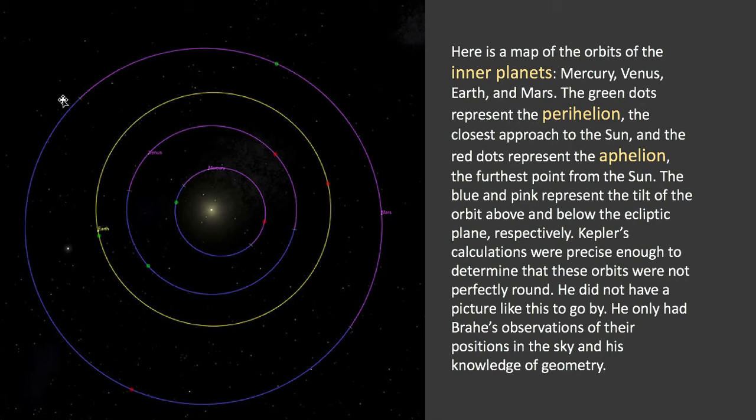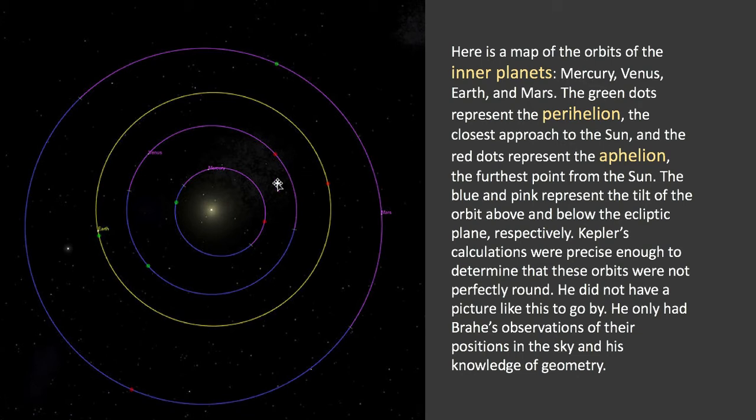So taking a look here at Mars, Mars is above the ecliptic plane, then it intersects with it and goes below the ecliptic plane. The other thing I want to point out here is that Kepler figured out that these orbits were ellipses, not circles, but he didn't have access to a picture like this. He did this from the observational data.